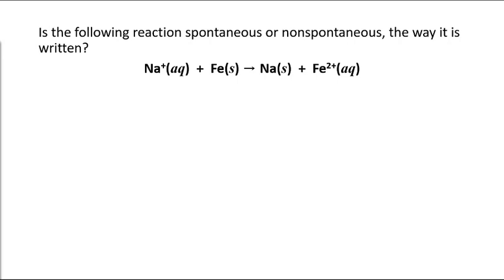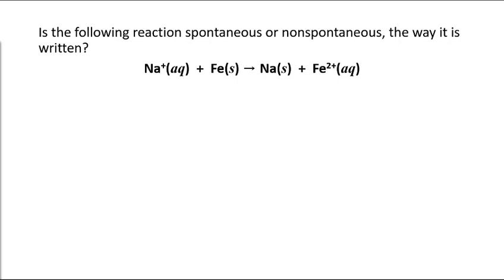If we're talking about spontaneous versus non-spontaneous, we need to keep in mind what I just said with that previous problem. Your cell potential should be positive if you are going to have an effective spontaneous reaction. If it is negative, then things won't actually go the way they're supposed to. The first thing you need to ask yourself is what is being reduced and what is being oxidized.